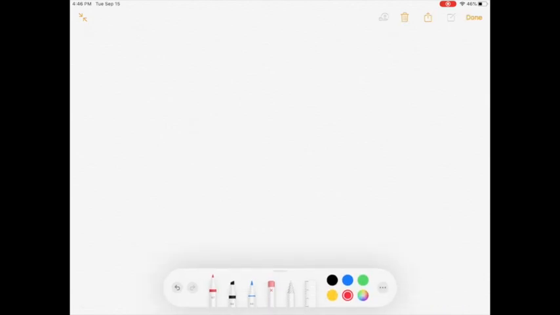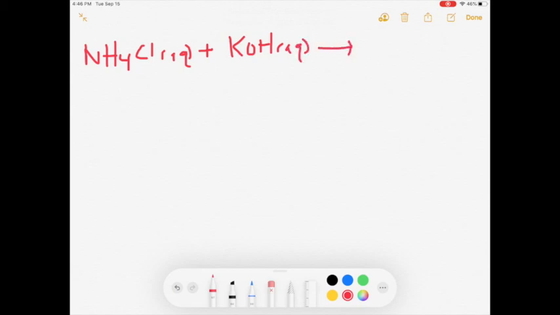Now the next one we have NH4Cl, aqueous, plus KOH, which is aqueous. Okay, we're going to take our cations.